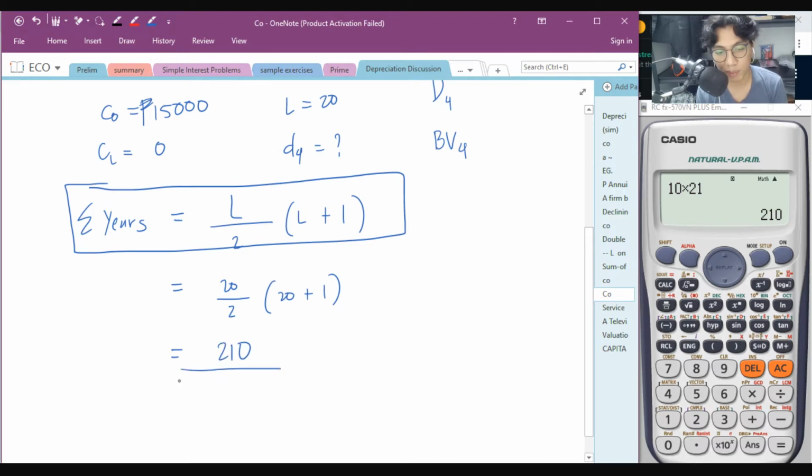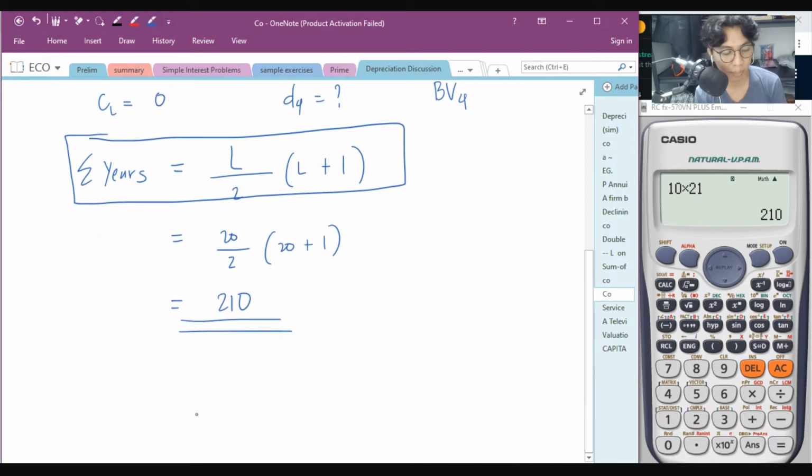Now, what's your reverse digit? To get the depreciation at the 4th year, find CO minus CL, times reverse digit, over sum.